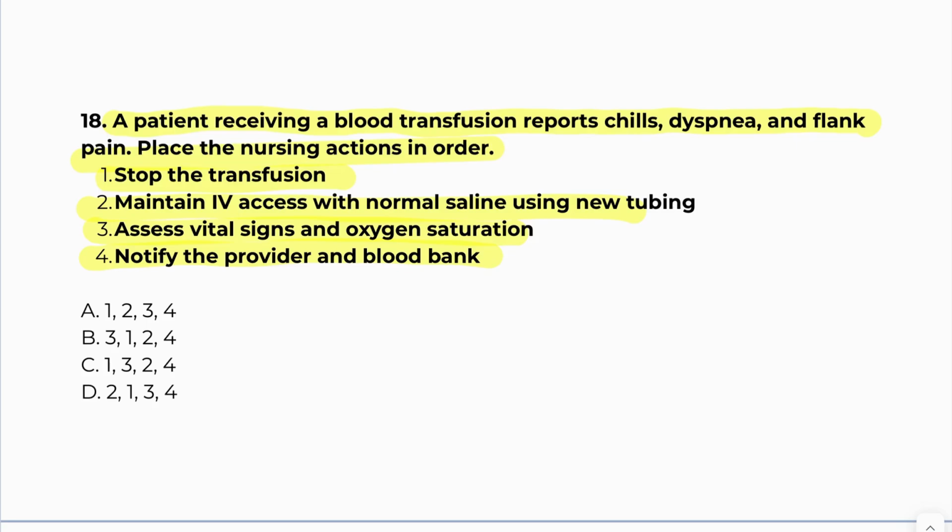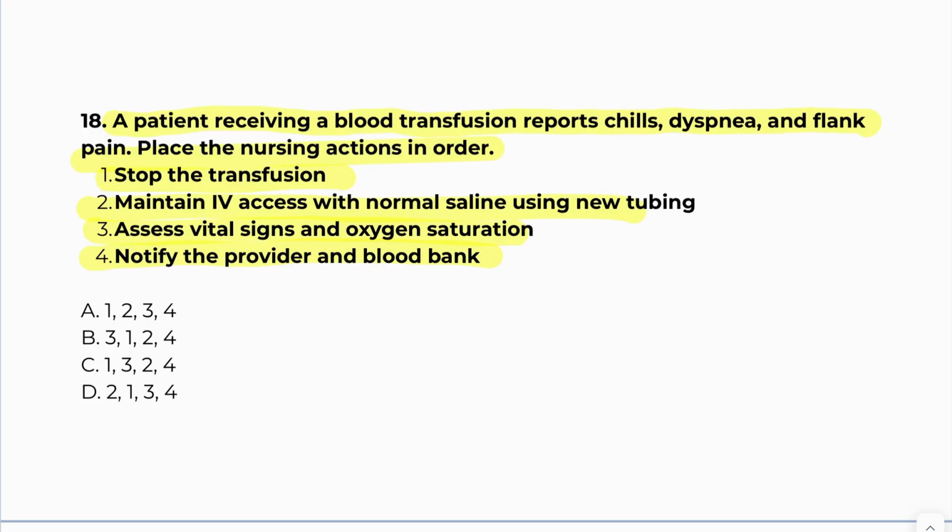What is your answer? My timer is running. See what your answer is, and then start eliminating those answers that are very obviously incorrect.